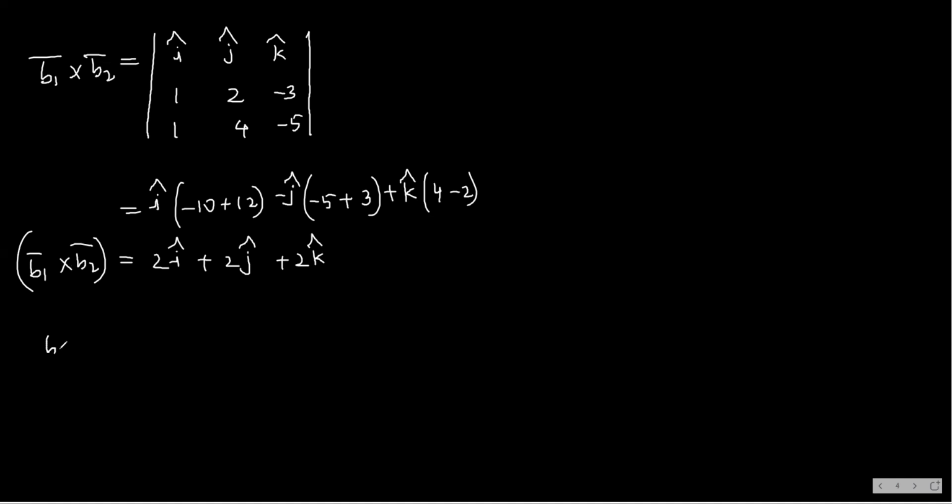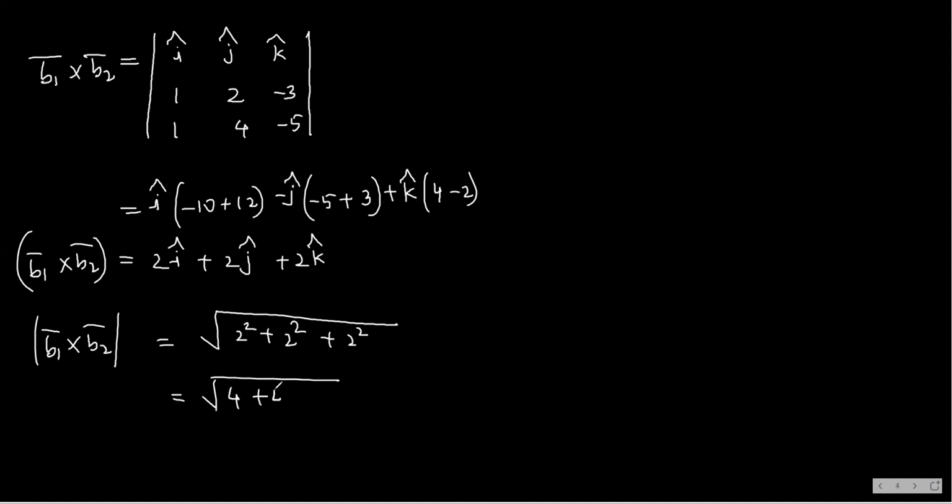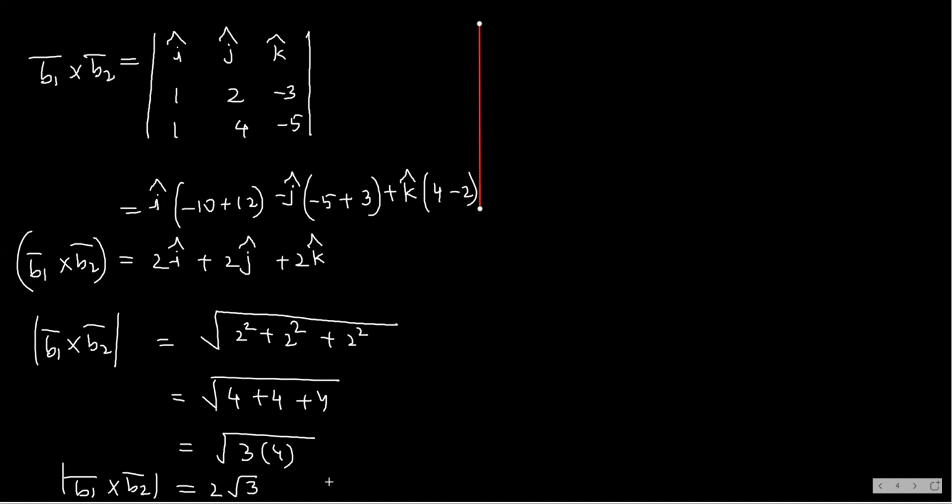Let us also find out the magnitude of B1 bar cross B2 bar. The magnitude will be square root of 2 square plus 2 square plus 2 square, that is square root of 4 plus 4 plus 4, that is equal to square root of 3 times 4, that is 2 root 3. This is B1 bar cross B2 bar magnitude. Okay. Now I understand what it will be.